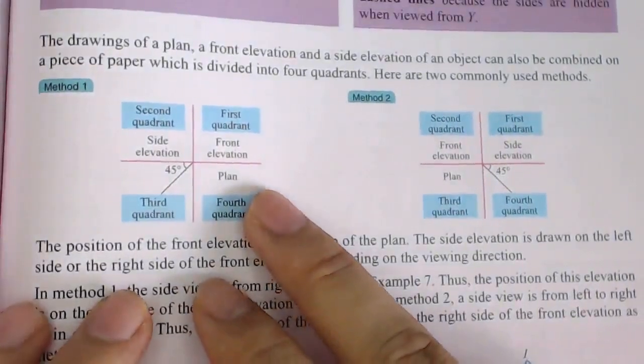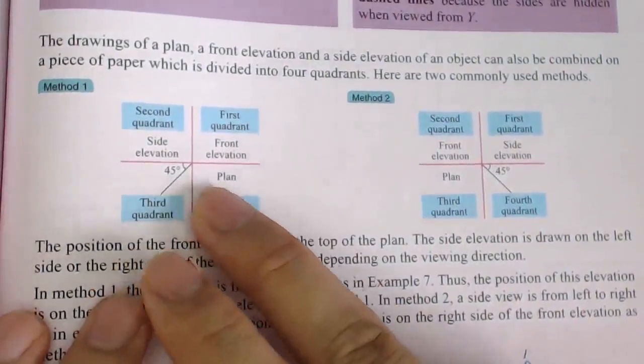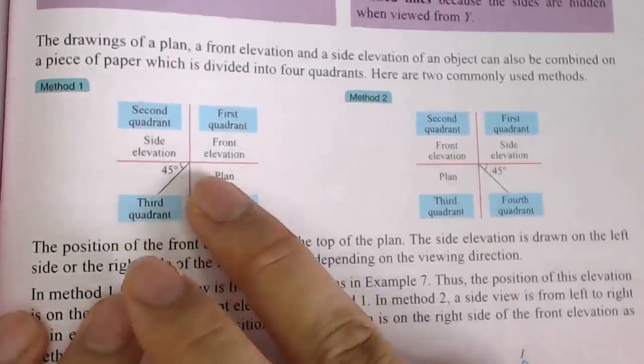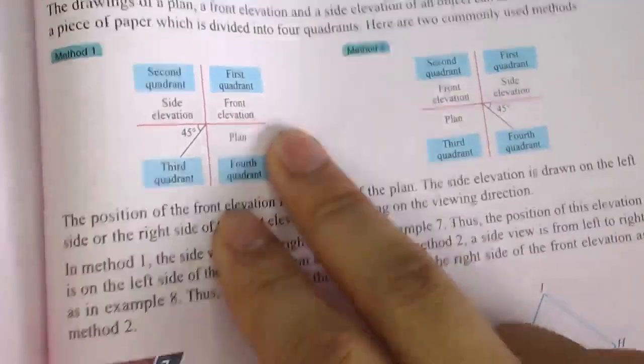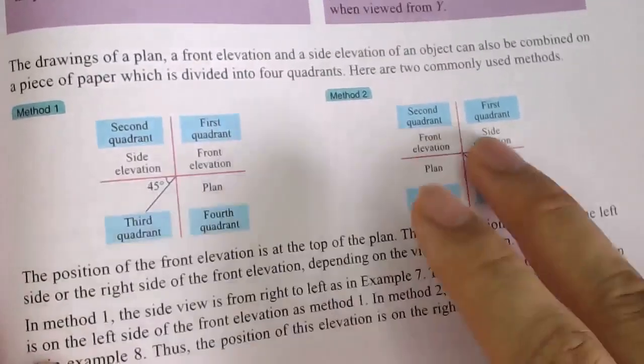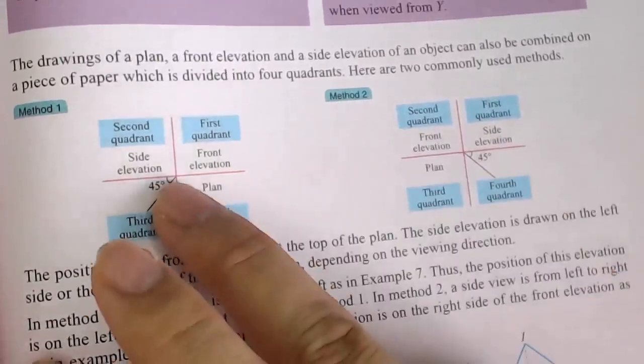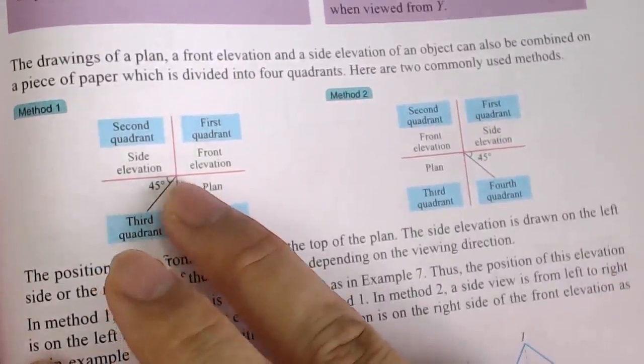So you might come up with this question: when to use this and when to use this, correct? Which one is suitable to be used, which one you are supposed to pick to do the plan?